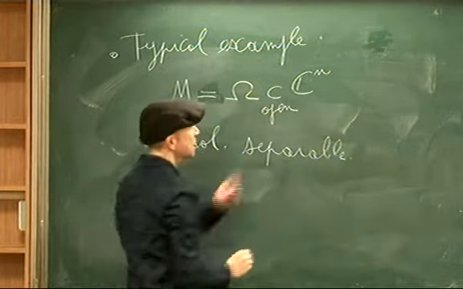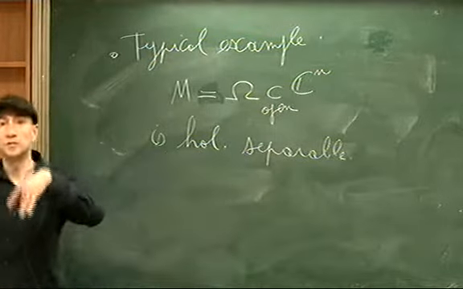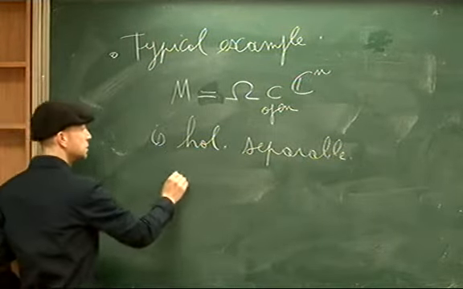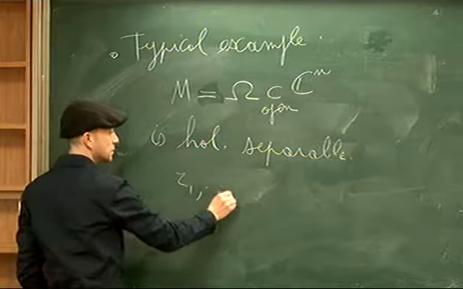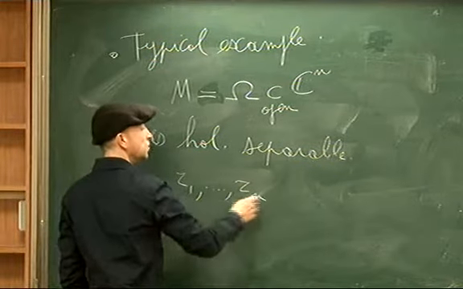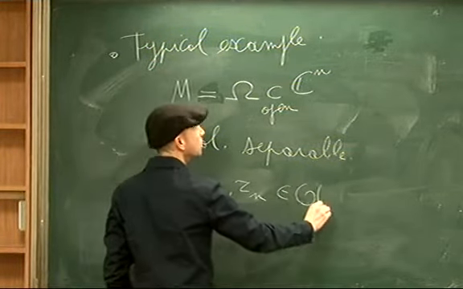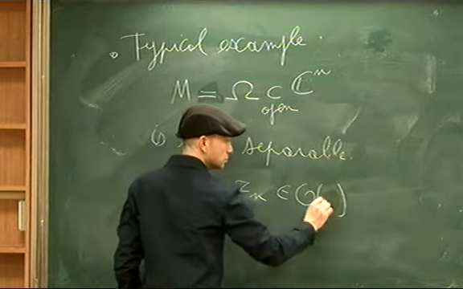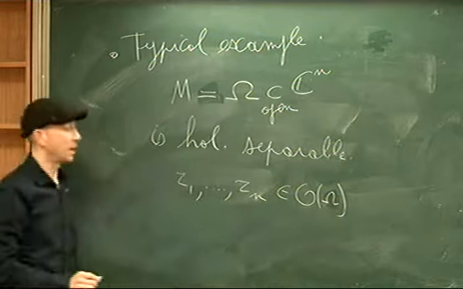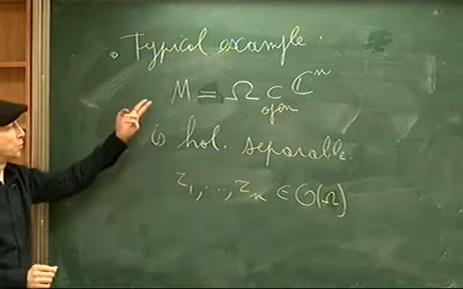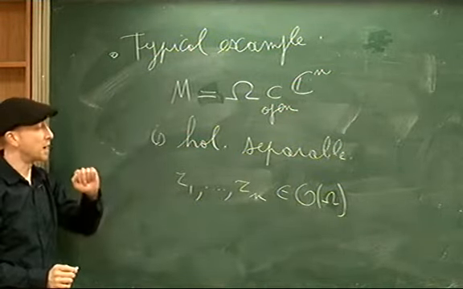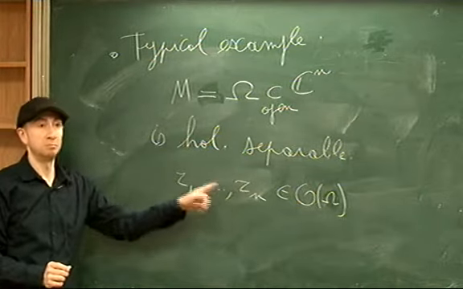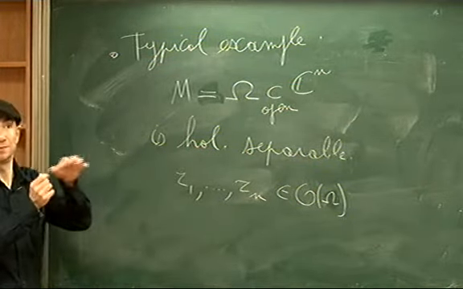On Cn we have the coordinate functions z1 up to zn, and I can look at these as global holomorphic functions on omega, and saying that I take two different points on omega is just saying that there exists some coordinate that will not match.